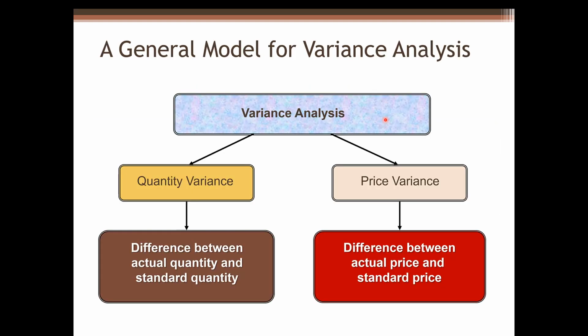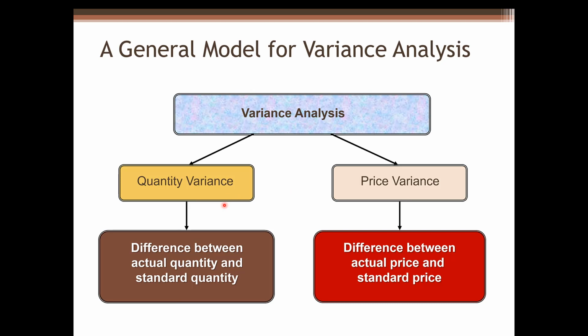In Chapter 9, we learned a spending variance is a difference between the flexible budget cost, which is how much the cost should have been given the actual level of activity, and the actual amount of the cost. Now, we can decompose spending variances into two types of variances: quantity variance and price variance.